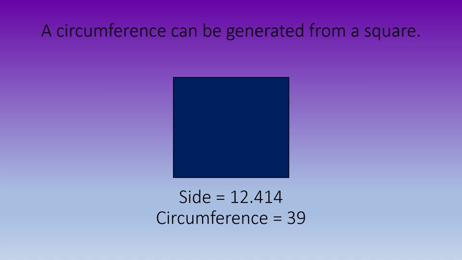A circumference can be generated from a square. What? A circumference can be generated from a square. This is totally Gann geometry, which is old geometry before it was molested. We're not dealing with quantum physics. You don't need to know quantum physics. I don't know it, I have no idea, and you don't need to know it.